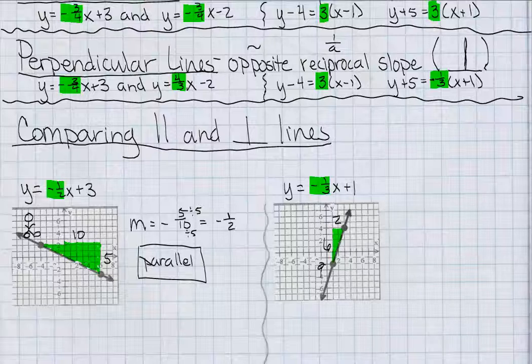If I draw my little guy, he is walking up a very steep hill, but it's uphill, so you know it's going to be positive. It's rise over run, so it's 6 over 2. 6 divided by 2 is 3, so it's a positive 3. When I compare 3 to negative 1/3, it's negative and positive, so that's opposite. And 1/3 flipped upside down is 3, so that's reciprocal. It is opposite reciprocal, so this is perpendicular.